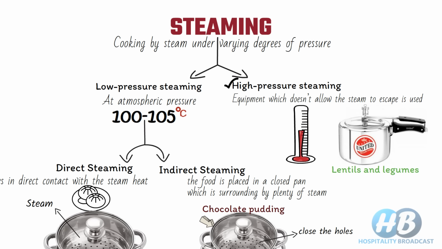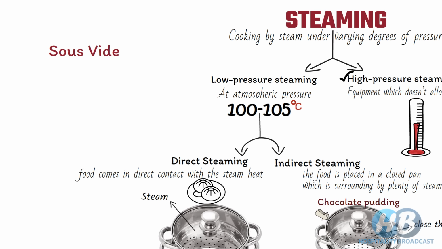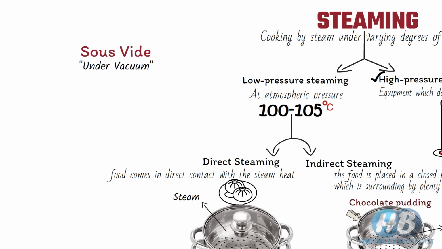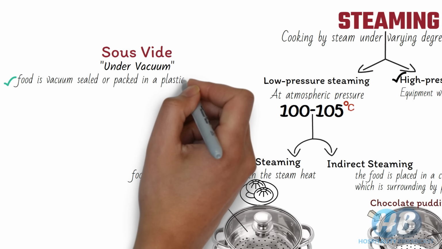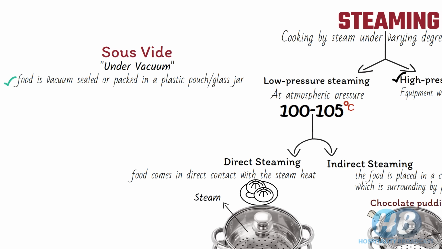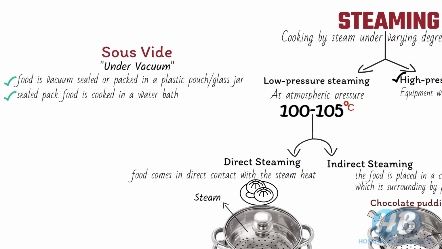Now there is one more popular and modern method of steaming, that is sous vide. It is a French term that means under vacuum. In this method, food is vacuum sealed or packed in a plastic pouch or glass jar. Later, that sealed food is cooked in a water bath.